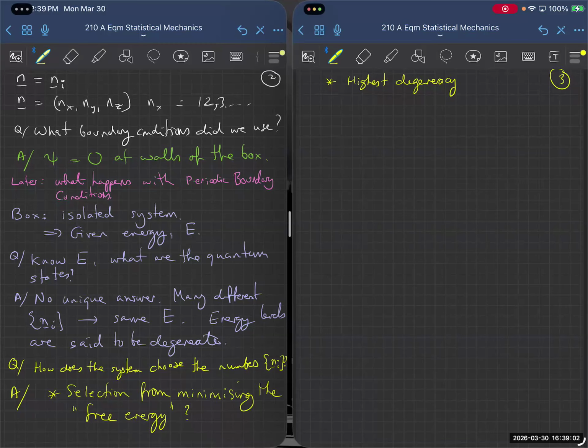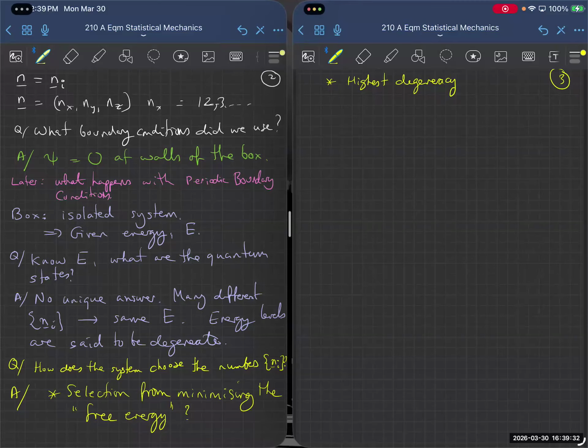So let's just make sure I didn't give you a misunderstanding. The answer is you choose an energy E, and then there are multiple sets of Nx, Ny, and Nz. Let's call them N alpha, just to not associate it with the particles. They're a vector.